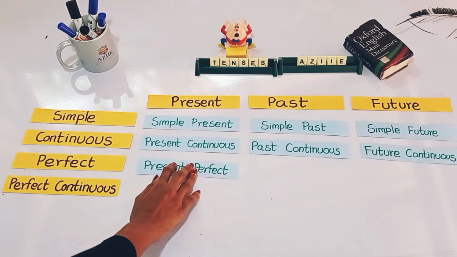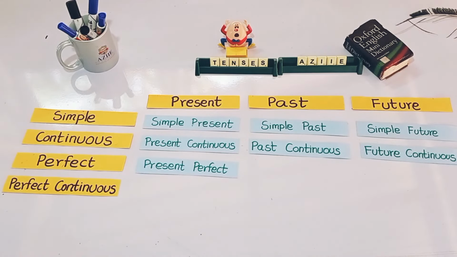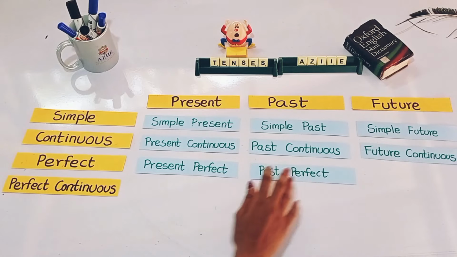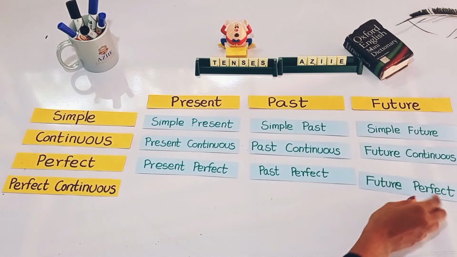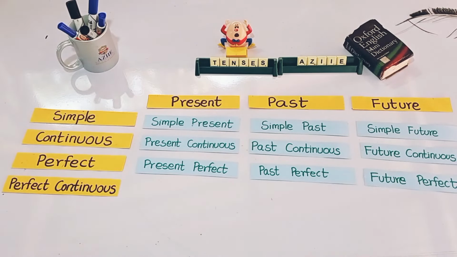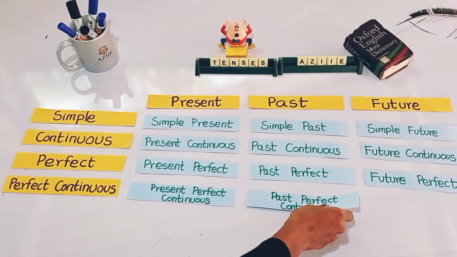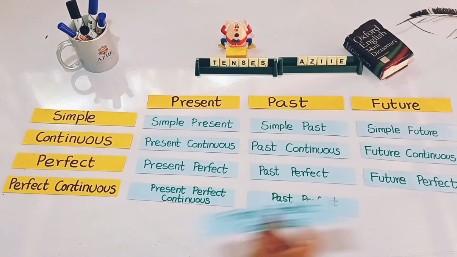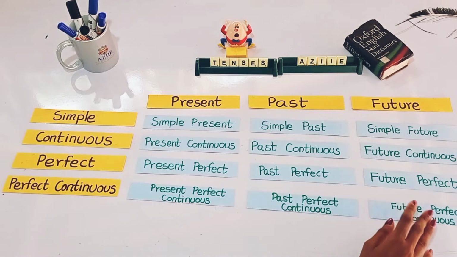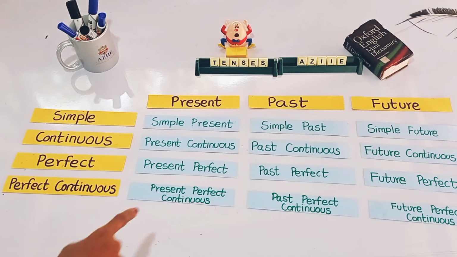Then the perfect tenses are present perfect, past perfect, and future perfect. Then the perfect continuous tenses are present perfect continuous, past perfect continuous, and future perfect continuous. So these are all the tenses in English.